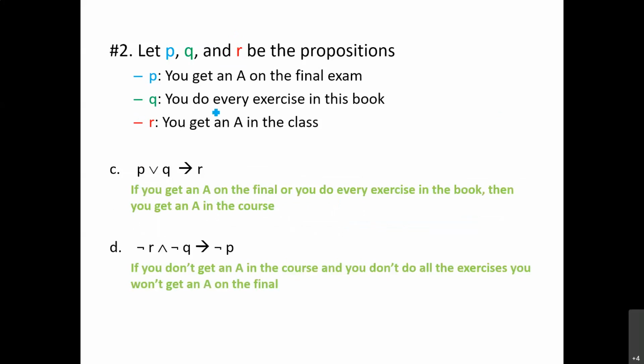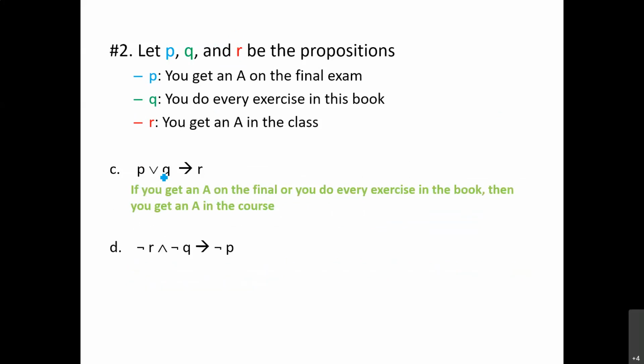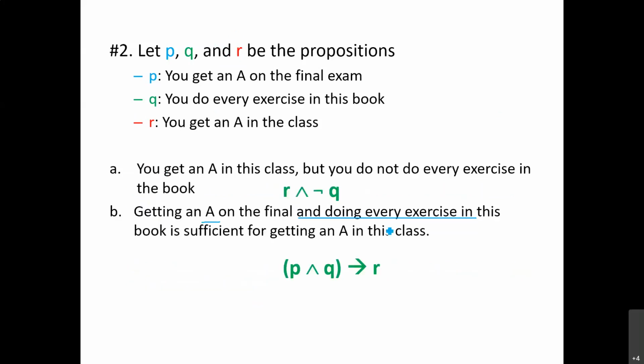Necessary. So yeah. Getting an A on the final and doing every exercise in this book is sufficient for getting an A. And the other way around, it's necessary. So getting an A is necessary for blah, blah, blah. So that's the other thing.